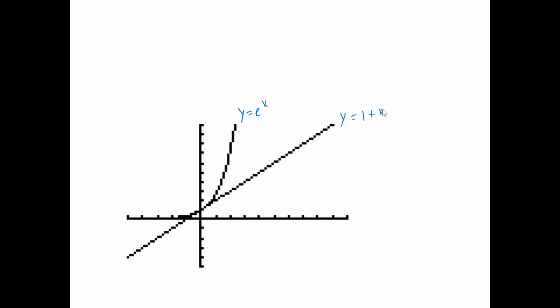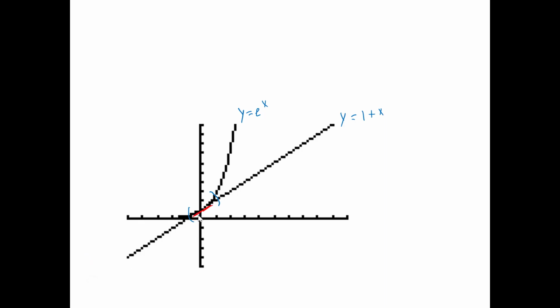Just a reminder, one of the points of the tangent line is that near the point of tangency, your function and your tangent line have about the same values. They don't have the exact same values, but you can see that in this little region right here, they're about the same.